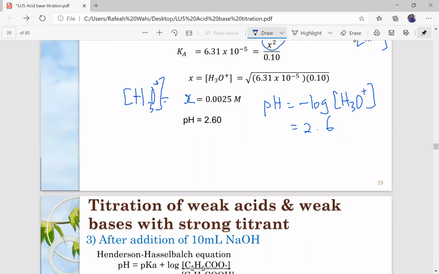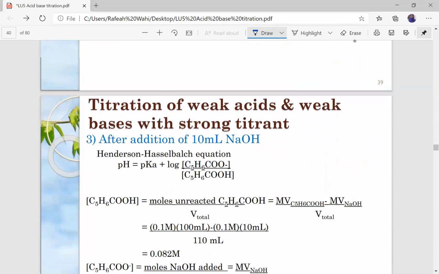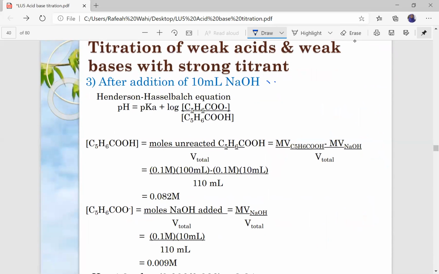What happened after 10 ml of NaOH is added? You need to calculate excess acid, excess hydronium ion. Why? Because you are starting with weak acid, so you know the pH is acidic.